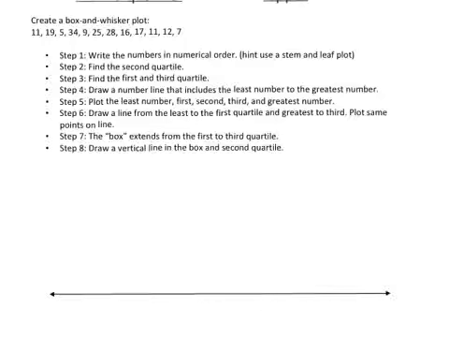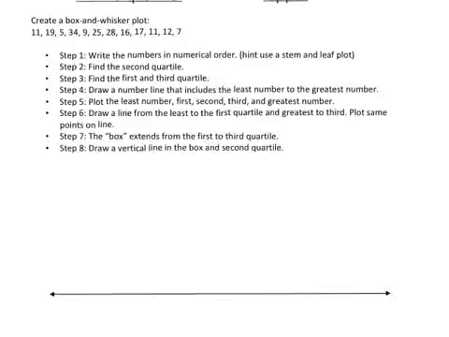And then after you find the second quartile, we want you to find the first and the third quartile as well, which I'll show you how to do in a second. Then after you find those numbers, draw a number line that includes the least number, or your minimum, and also the greatest number, which is your maximum.